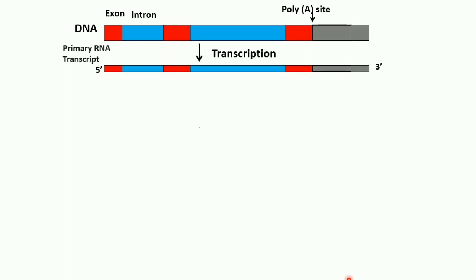So this is the primary RNA transcript. This undergoes modification to produce the mature mRNA, and that process is the post-transcriptional modification. I have put up a video on post-transcriptional modification, so if you haven't seen it, please check that. In that video I have talked in detail about it.